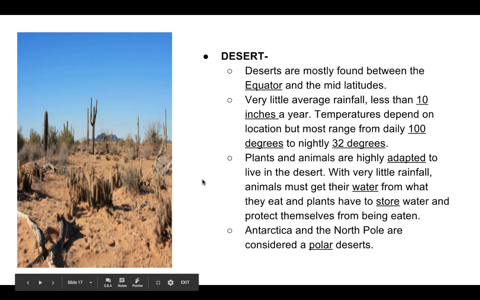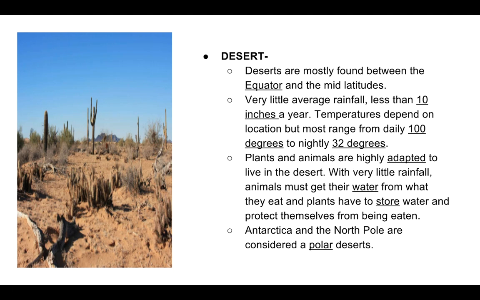Desert. Deserts are mostly found between the equator and mid-latitudes. Very little average rainfall, less than 10 inches a year. Temperatures depend on location, but mostly range from daily 100 degrees to nightly 32 degrees.